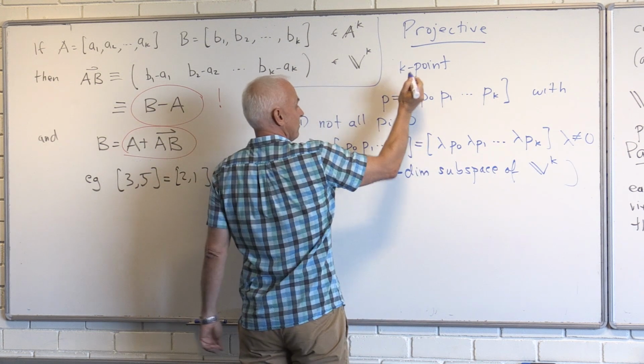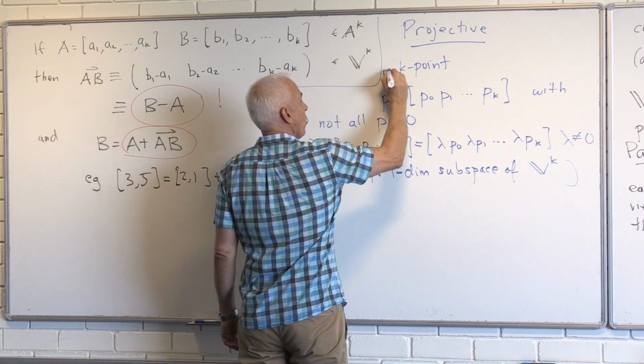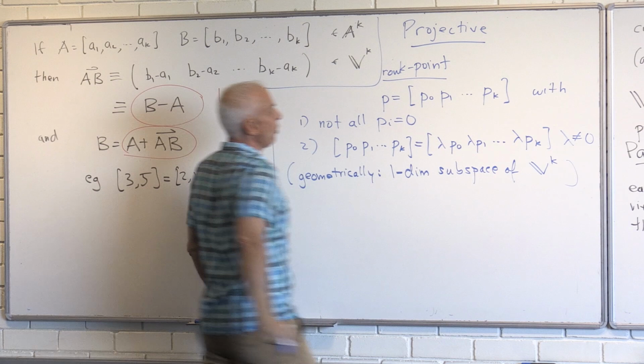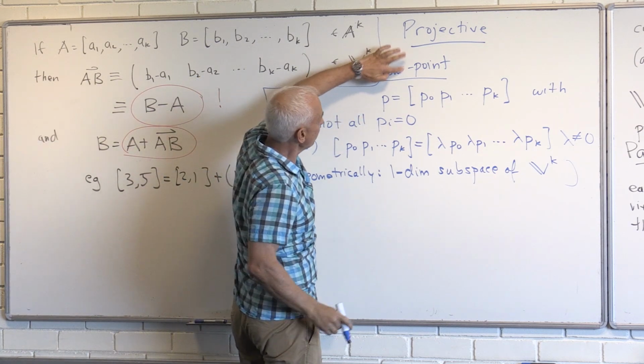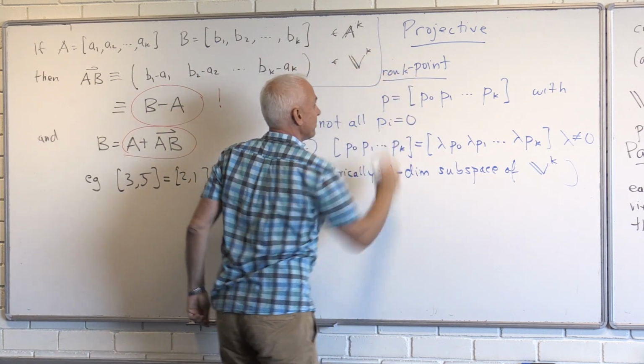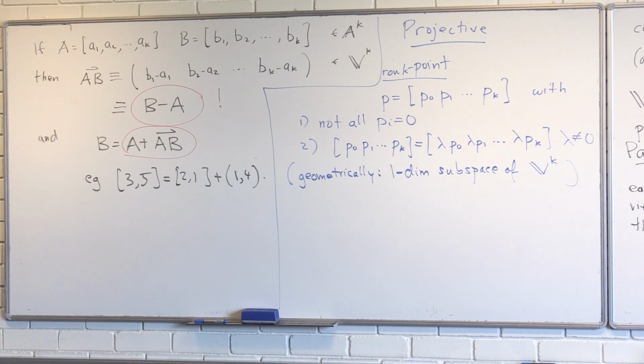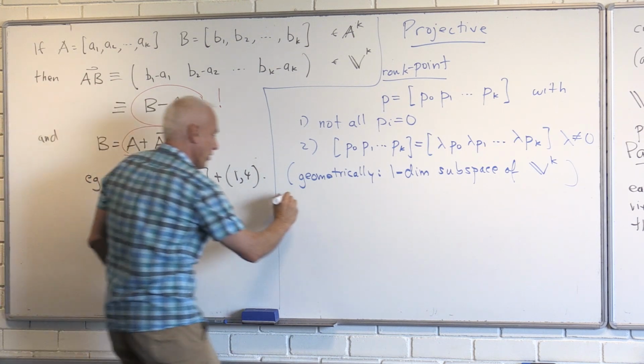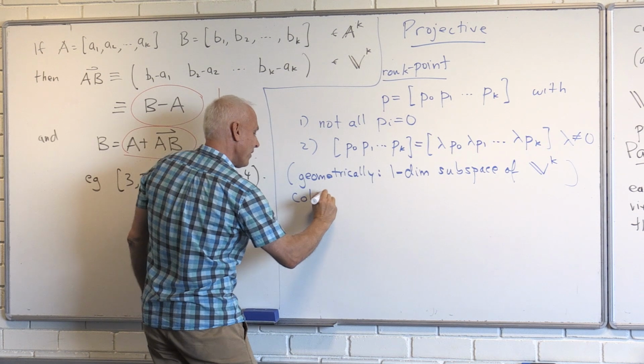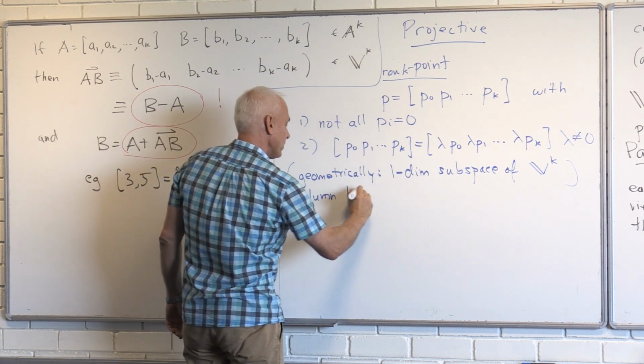Okay, and this is a row object, so we should really call it a projective row K point. And then there's a corresponding column K point.